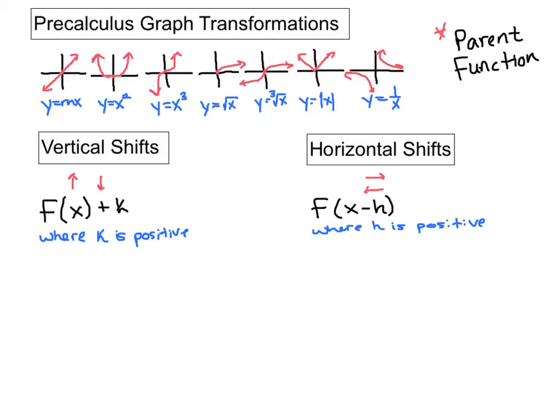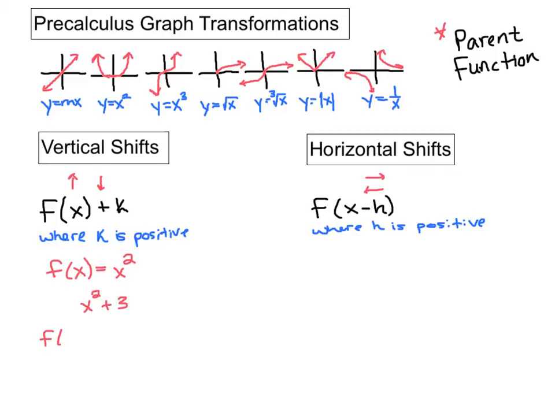So for example, vertical shifts are going to be in the form of our function plus a constant outside of the function. Say our parent function is f of x equals x squared. A vertical shift would look like x squared plus 3.